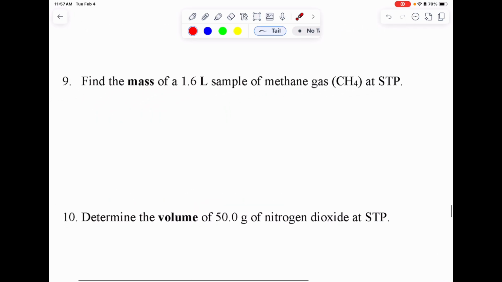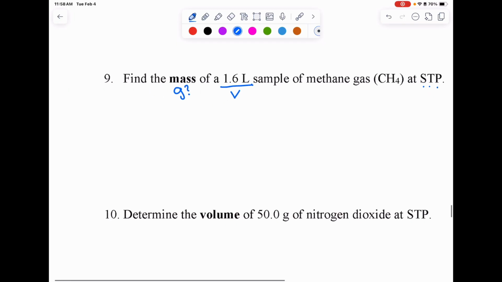So number 9, we have to find the mass. So this one's telling us to find grams, okay? We have to find grams, even though we have grams nowhere in our formula. That's okay, though. Of a 1.6 liter, so that's our volume, sample of methane gas, CH4, at STP. STP stands for standard temperature and pressure. So we know all of our different properties.